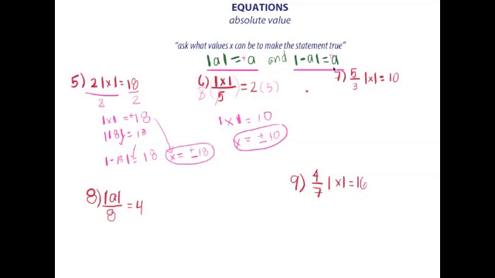Here we go with number 7. So I have a reciprocal problem, right? Because it's a fraction being multiplied to the absolute value of x. So reciprocal on both sides. I'm going to multiply 3 over 5 there, and then also 3 over 5 here. If it helps you, go ahead and make that a 10 over 1. But all this stuff here on the left side cancels out.